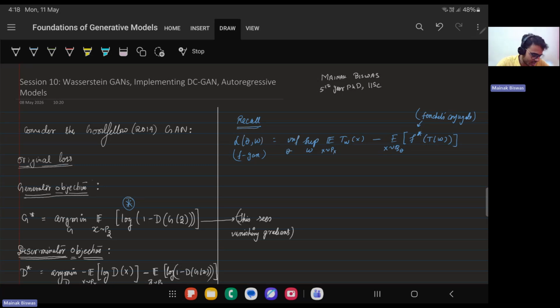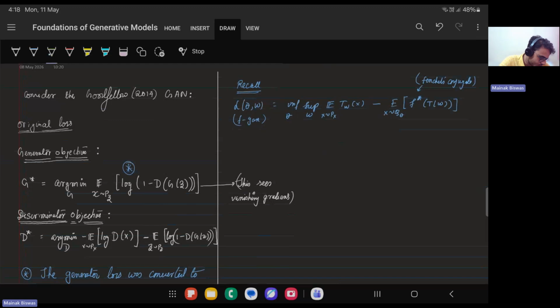And we showed that this ends up becoming the GAN where the discriminator tries to predict whether a sample belongs to the positive class, that is the real samples, or fake samples, and the generator tries to fool the discriminator, if and only if f of u, which was the Fenchel function that we chose for the JS divergence for f-GANs, was given by minus (u plus 1) log of (u plus 1) plus u log u.